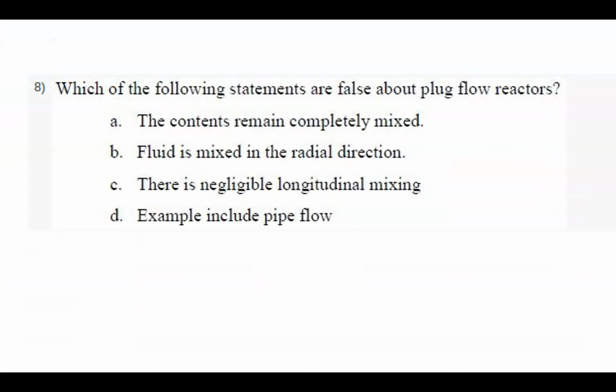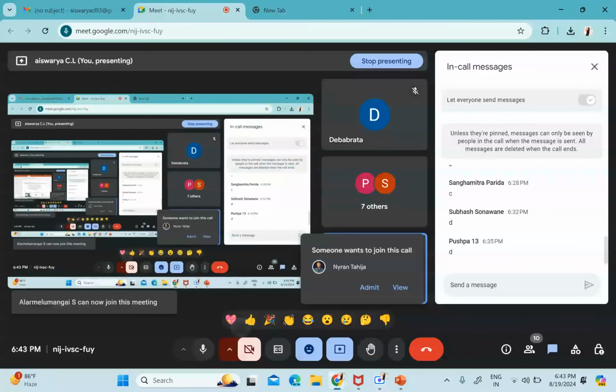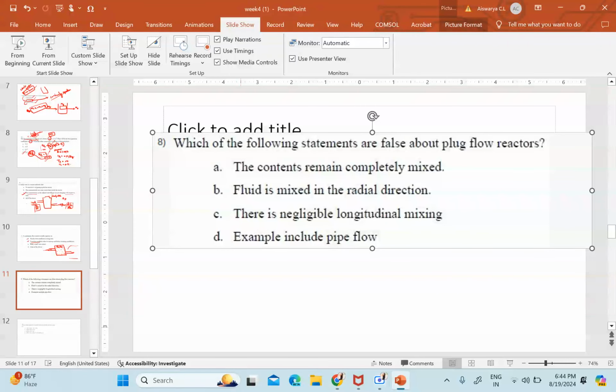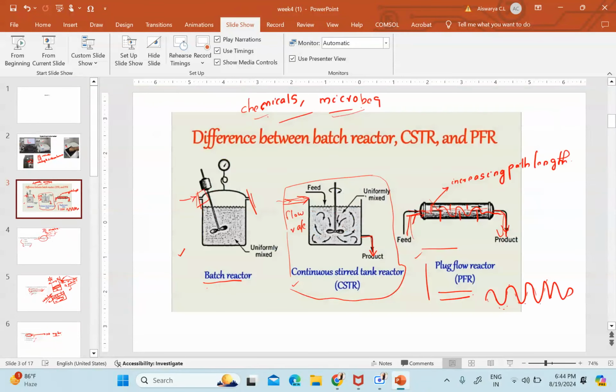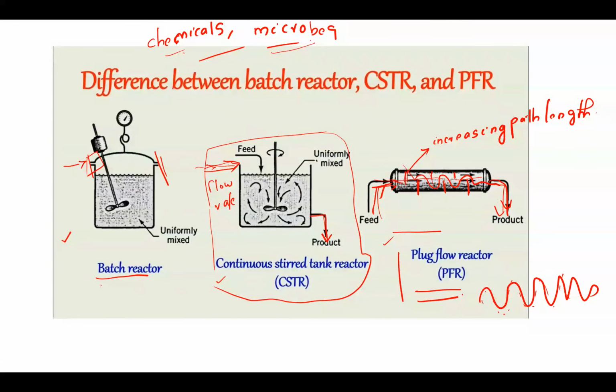Okay, now next question. Which of the following statements are false about plug flow reactor? I showed the plug flow reactor at the start of the lecture. This is the plug flow reactor. You have seen it, right?